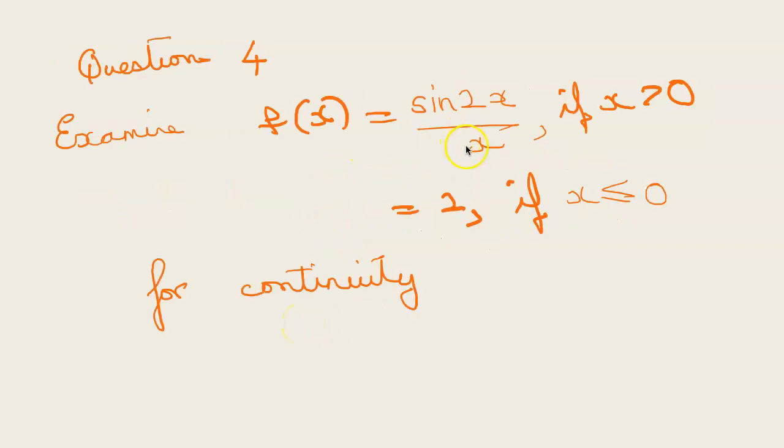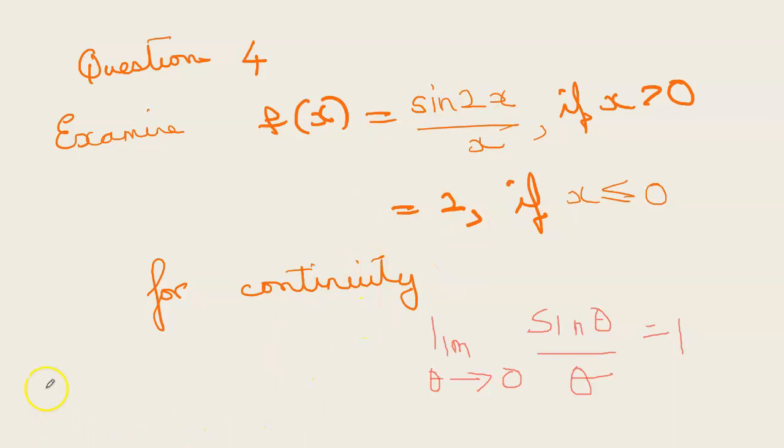You can multiply and divide by 2 and use the fact that the limit as theta tends to 0 of sin theta / theta is 1. This is what we will use to solve this problem.